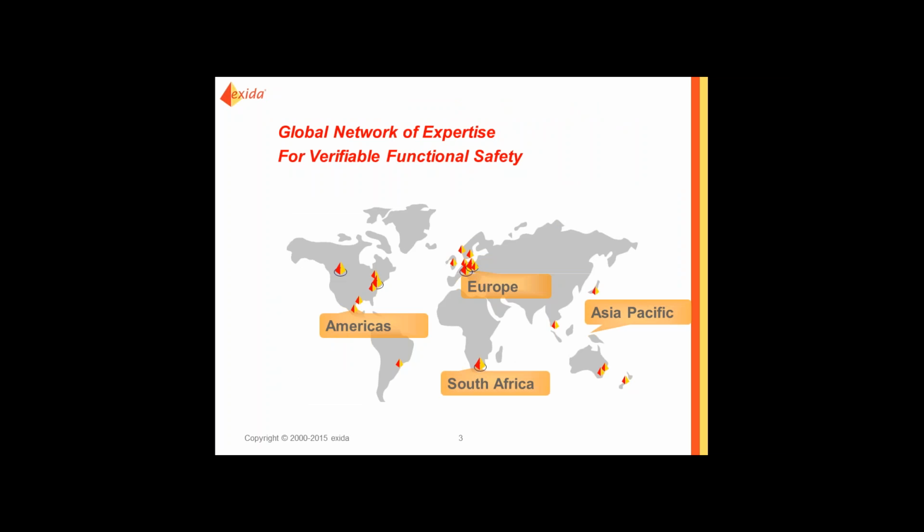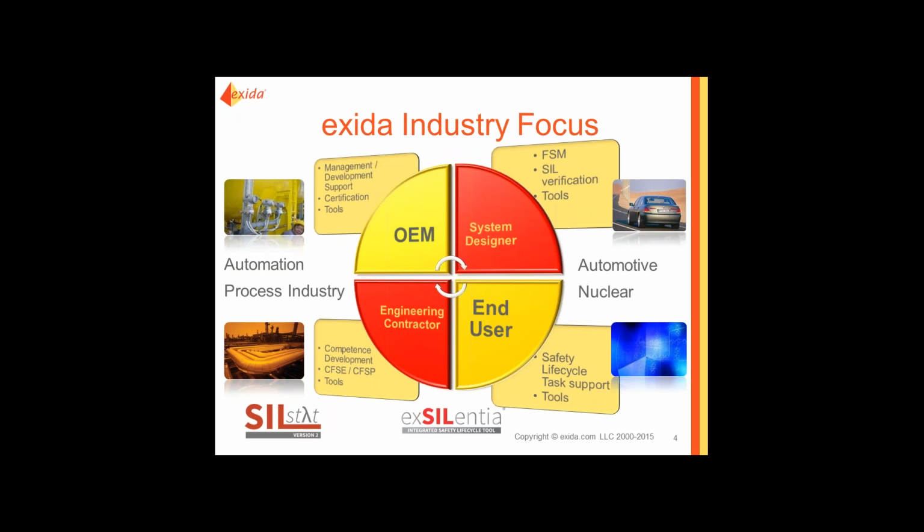So from that, we talk about exida. exida is a global company. We are based around the world, as you can see here. Here are some of the main offices we have around the world. And we supply certification and services to both manufacturers and end users.